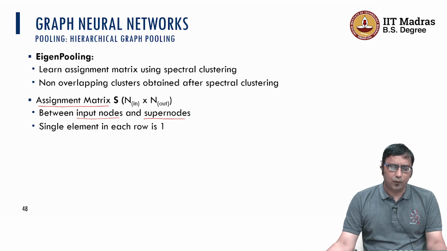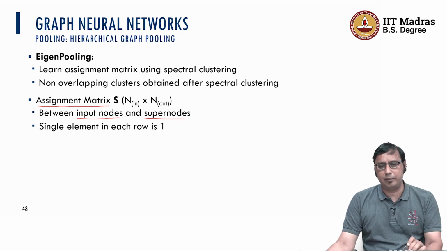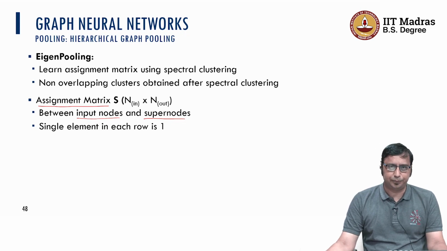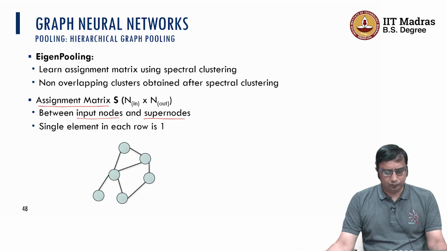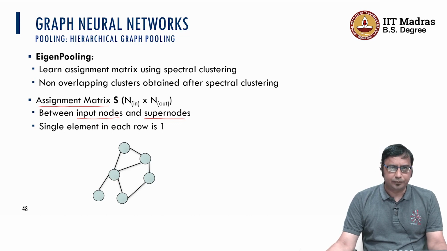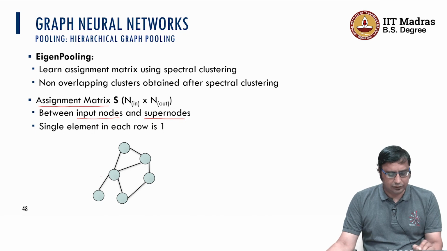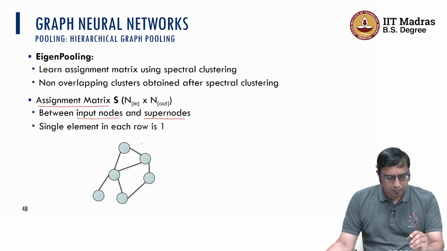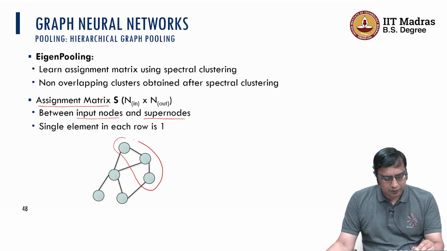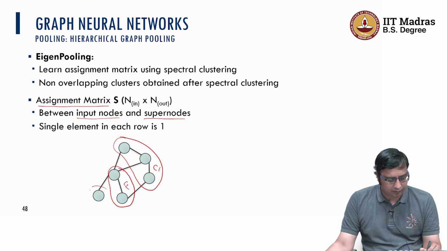where each row of the S matrix has a single element being 1 and the remaining being 0. So if you look at it here, these are my input nodes, and by applying spectral clustering, I can, let's say, construct cluster 1, cluster 2, and cluster 3.